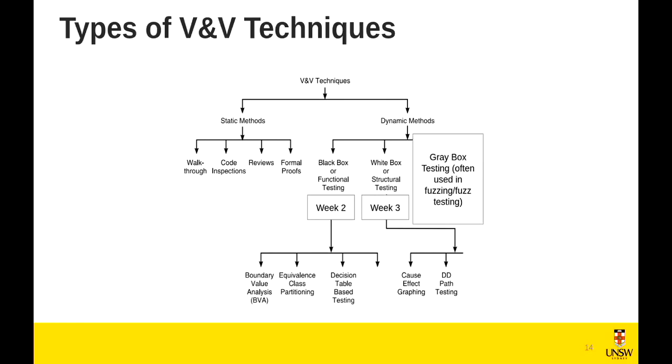We have gray box testing. We just acquire the information that is needed for conducting testing. So we collect information from the system internals, but we don't collect every state of the system. That is called gray box testing, and we will use it for our assignment 2.